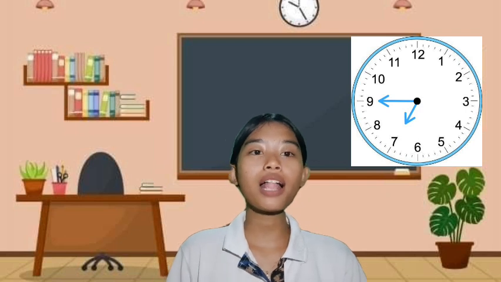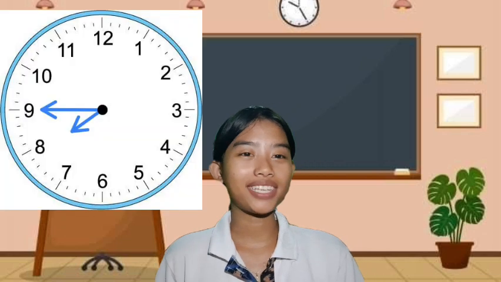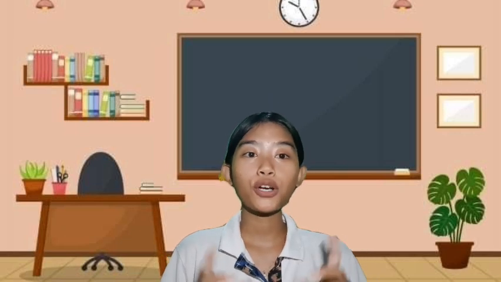Next example, when the big hand is on 9 and the small hand is on 8, it is quarter to 8. Last example, when the big hand is on 9 and the small hand is on 11, it is quarter to 11. Okay, I think that's all. We're gonna move to the quiz.